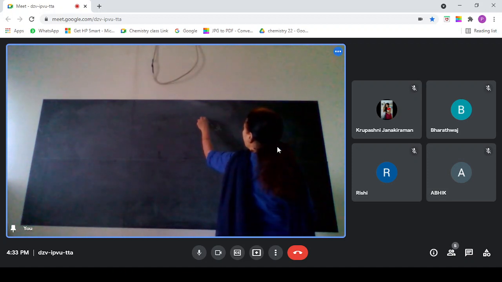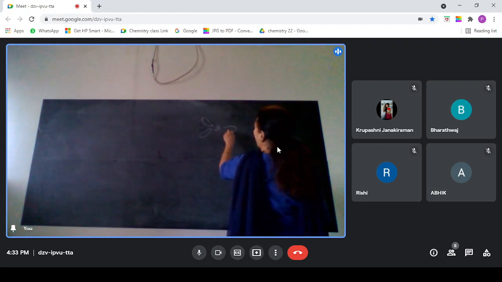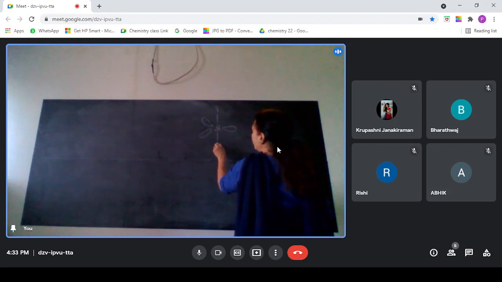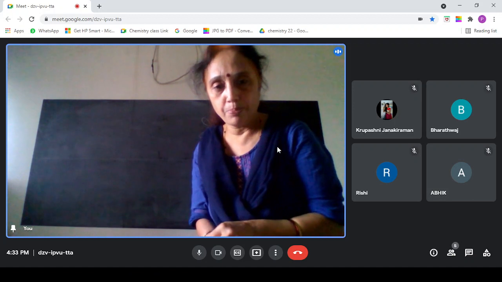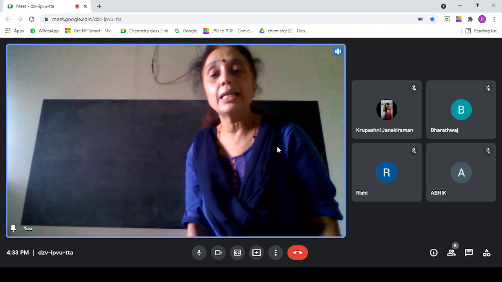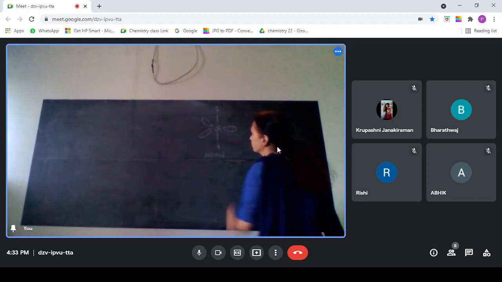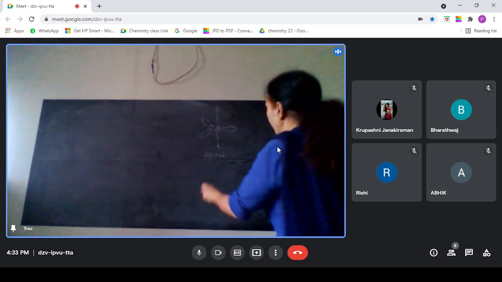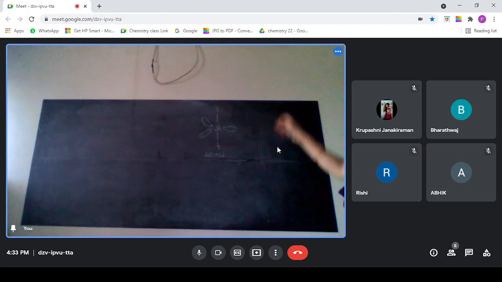So you will write it like this: all 3 lone pairs in the equatorial position, and 1 fluorine up, 1 fluorine down. So I expected trigonal bipyramidal, but the actual geometry is linear. Write the structure, linear: Xe, you show the equatorial positions 3 like this, and F, 1 up, 1 below.